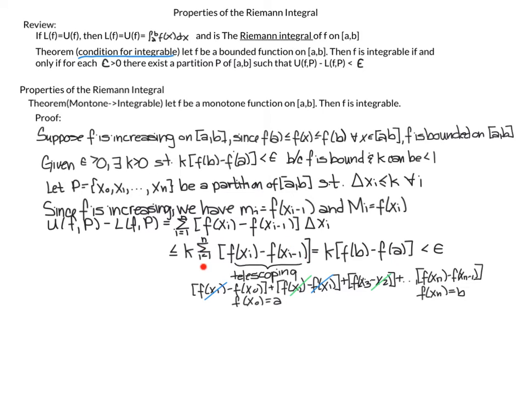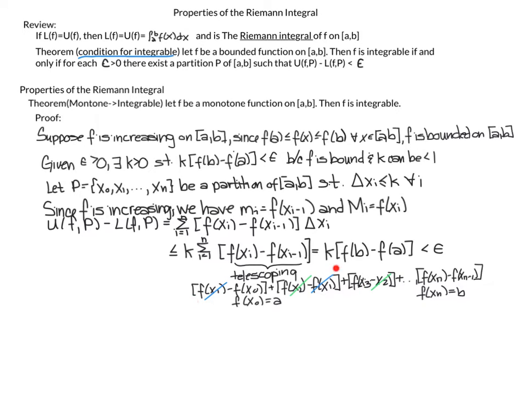And just to be clear on how I got from this step to this step, we're going to take a closer look at the sum from i equals 1 to n of f of xi minus f of xi minus 1. This summation is a telescoping series, which means a bunch of stuff cancels out except the very first thing and the very last thing. Plugging in i equals 1, we get f of x1 minus f of x0. Plugging in i equals 2, we get f of x2 minus f of x1. Plugging in i equals 3, we get f of x3 minus f of x2, and you can see what ends up happening.